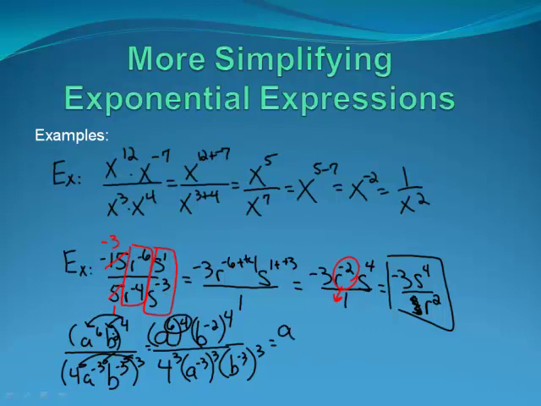We've now got a to the 24th, b to the negative 8th, divided by 4 cubed. 4 times 4 is 16, times another 4 is 64. And we've got a to the minus 3 times 3 is negative 9th. B to the minus 3 times 3 also is negative 9th.